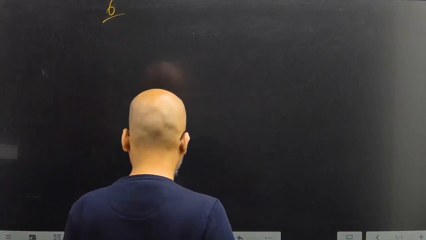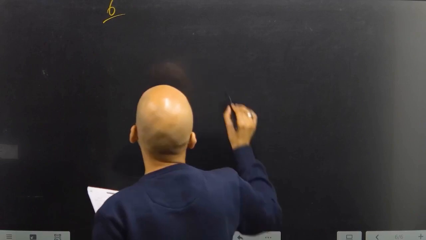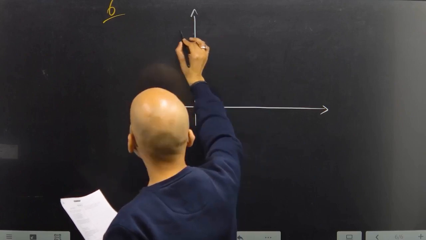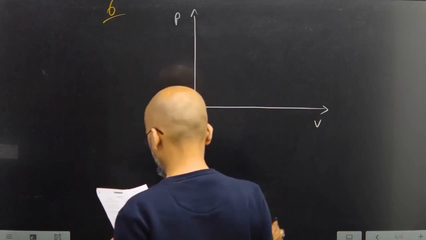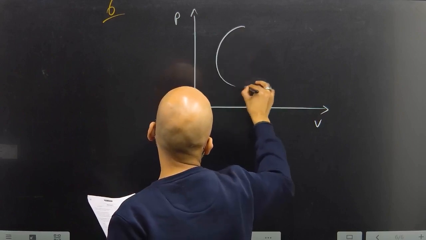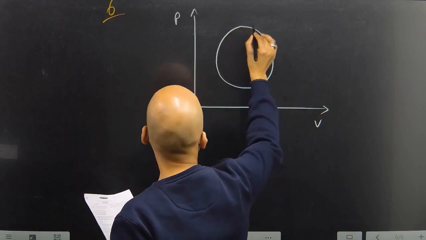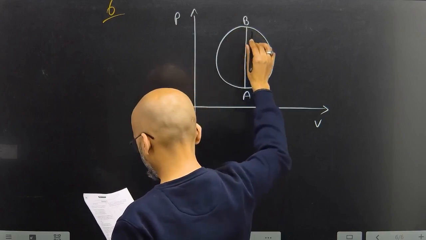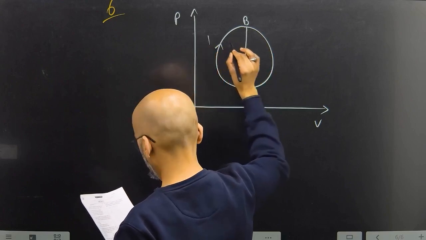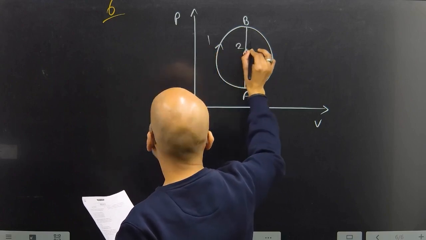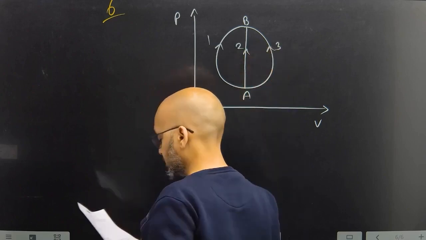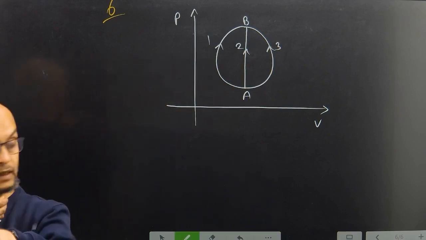So again a figure is given to us, a PV curve. Now pay attention. Question 6 it is.